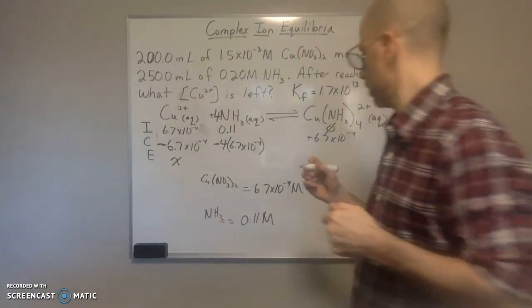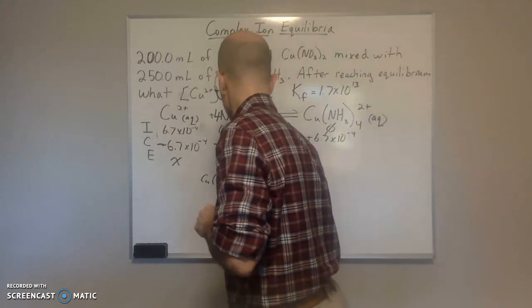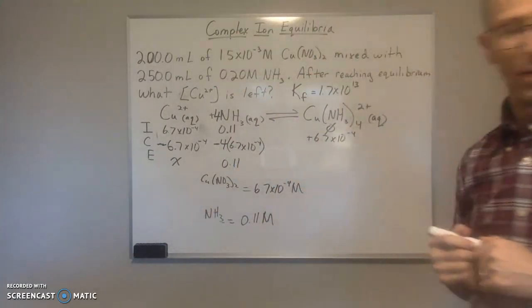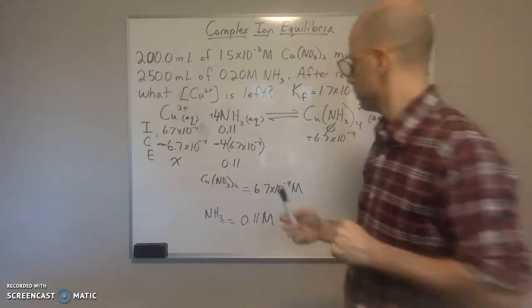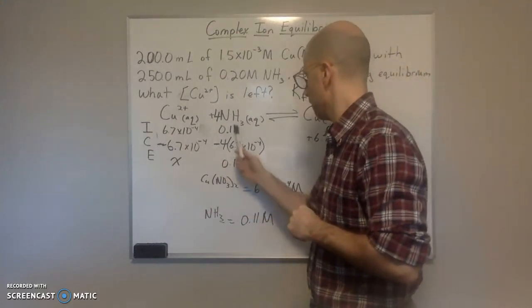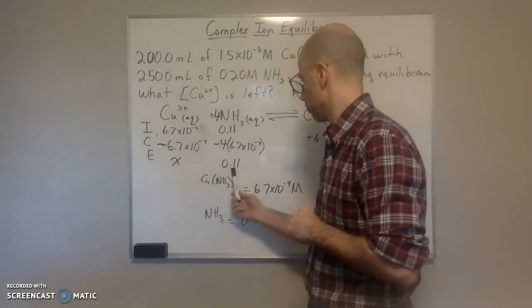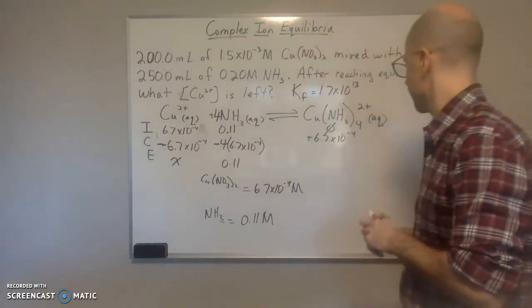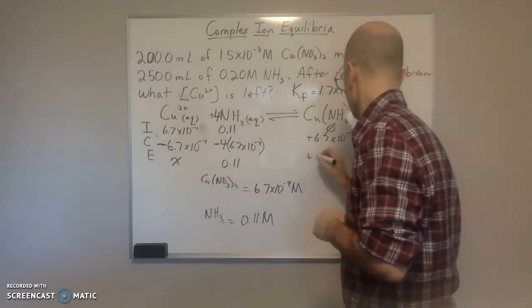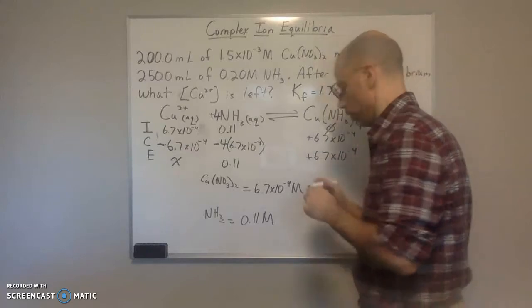And that's going to be 0.11, right? So basically this is so small that this minus this is basically going to be 0.11. And then here, this is going to be plus 6.7 times 10 to the negative 4.